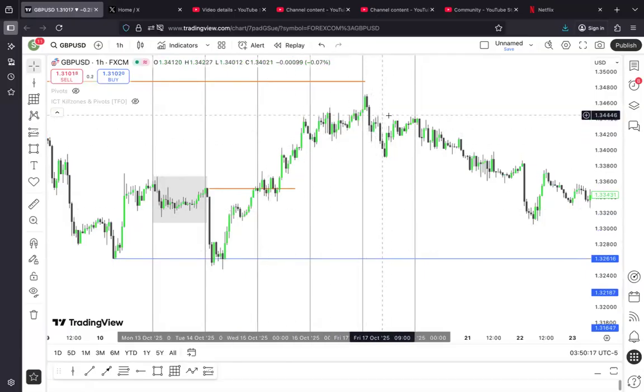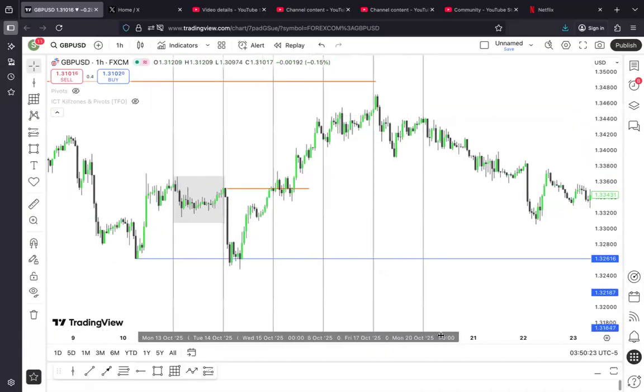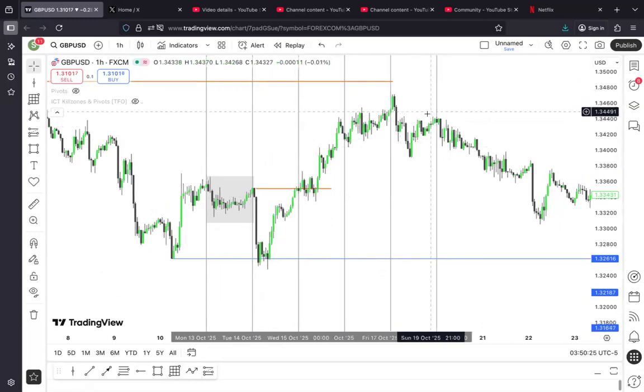All right. So all you want to do is sit down, look for a short sale, or just stay out of the market. And if you're a swing trader, you probably have more draw on liquidity to your upside. And you probably just want to position for more entries on Monday, because you know that once price retraces on Friday, it comes back to maybe the discounted zone of the entire daily range and you want to continue to buy.